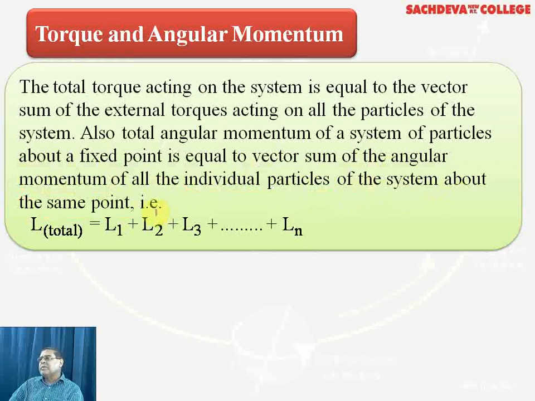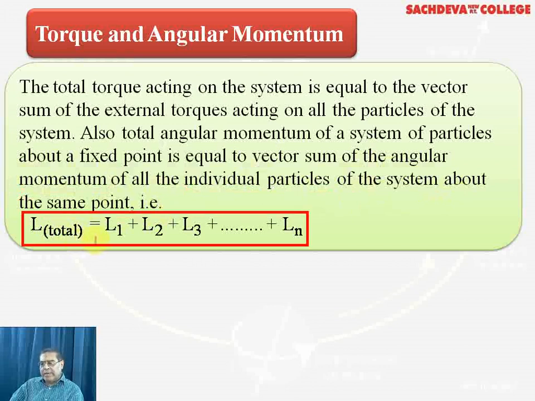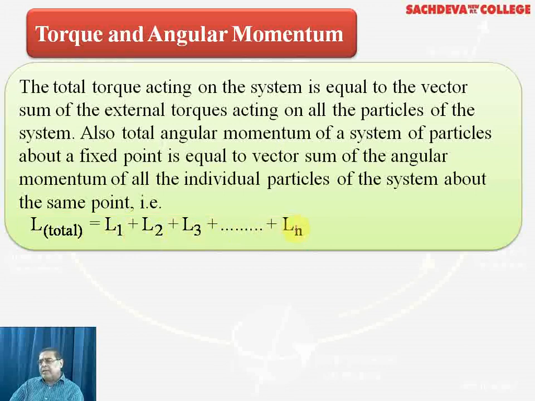Mathematically, the total angular momentum is the vector sum of L1, L2, L3 and so on up to Ln, where Ln means the angular momentum of the nth particle.